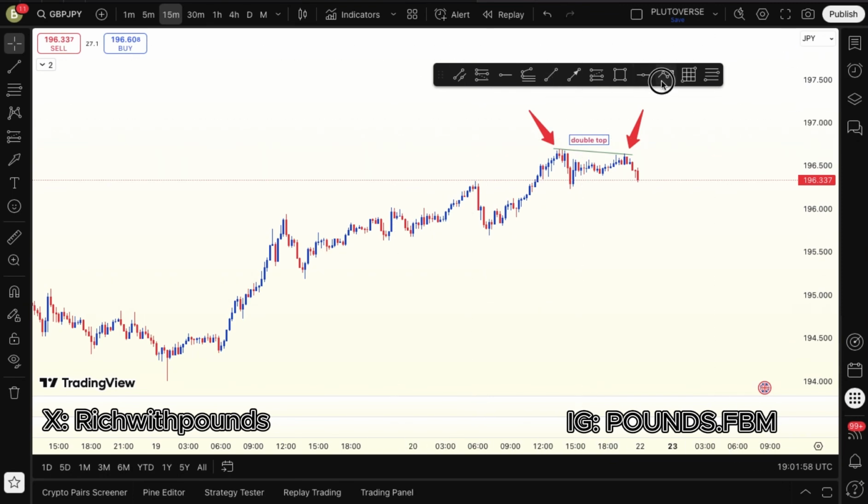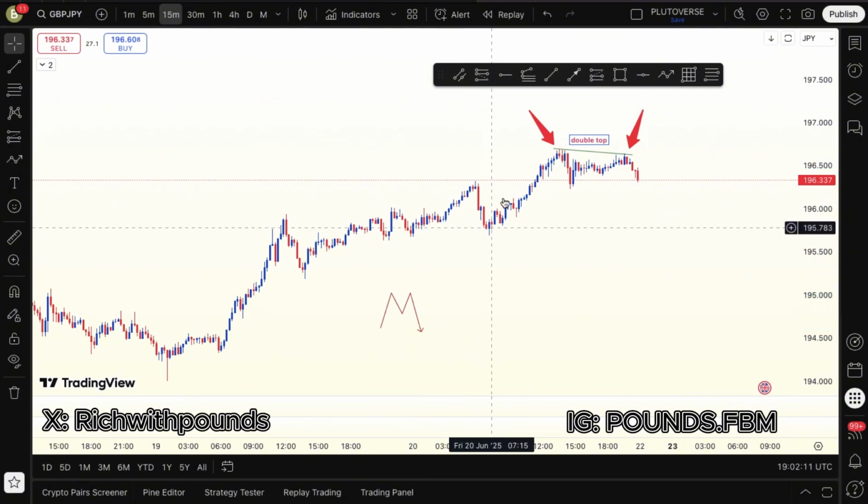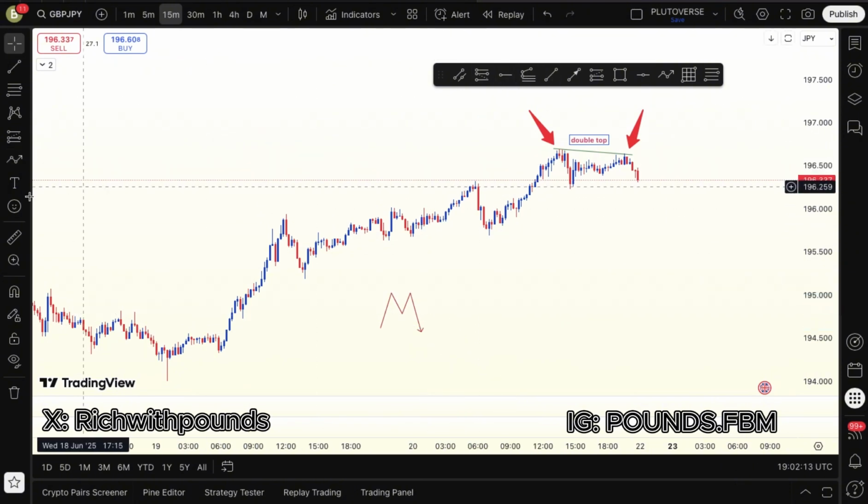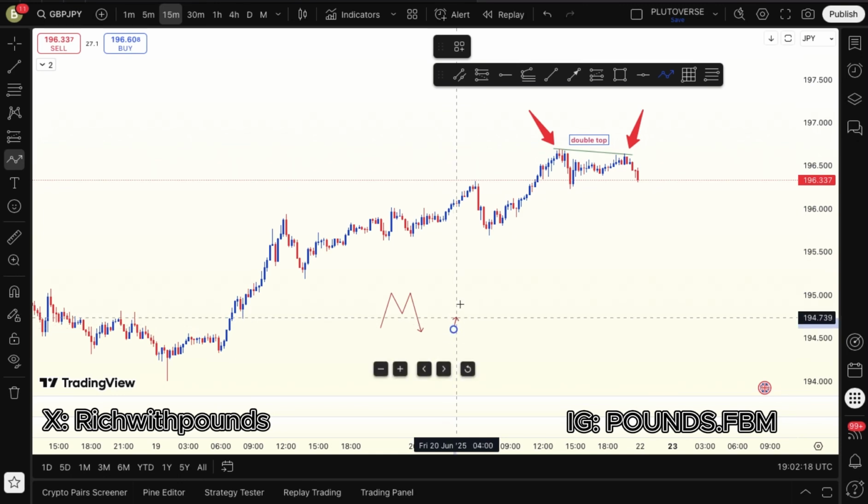I don't know if you understand line charts, but I can easily give examples of different types of double tops. We have that which is equal. We also have this that is not equal.